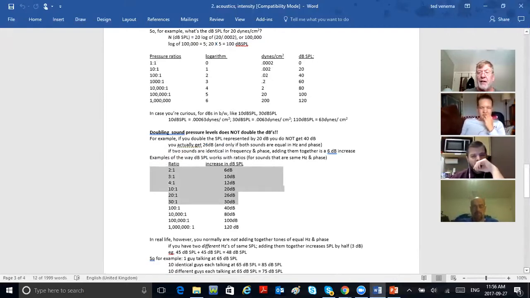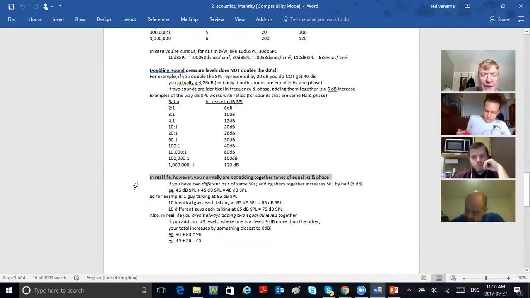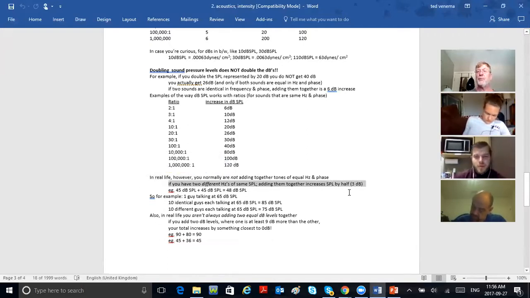In real life, you are not adding tones together of equal frequency and phase. If you have two different frequencies of the same pressure level, adding them together increases the sound pressure by only half, 3 dB.